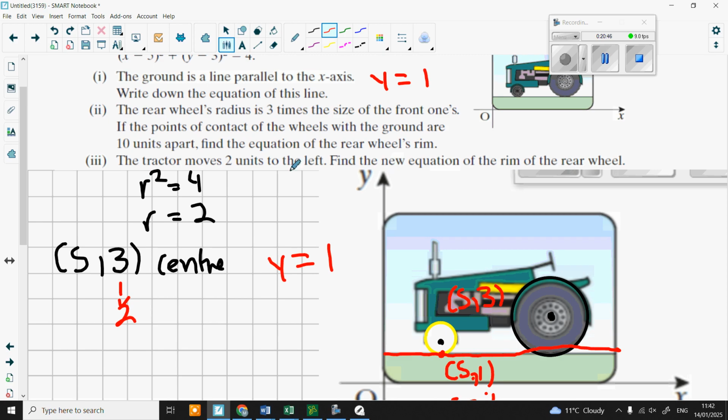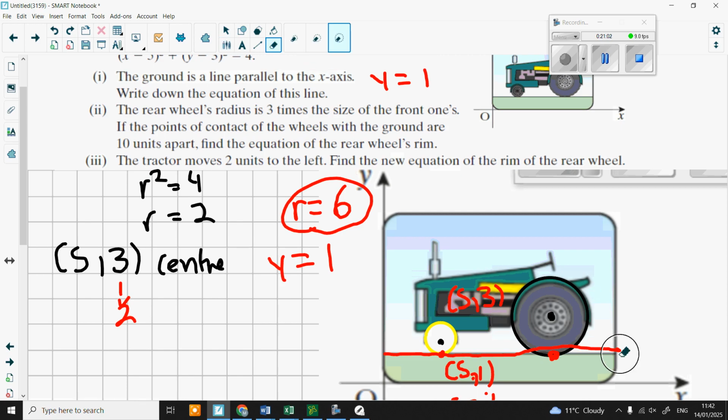Now, the rear wheel's radius is 3 times the size of the front one's. So that means its radius is 6. If the points of contact with the wheels on the ground are 10 units apart, so everybody see this? 10 units apart. So what does that mean? What's 5 plus 10? 15.